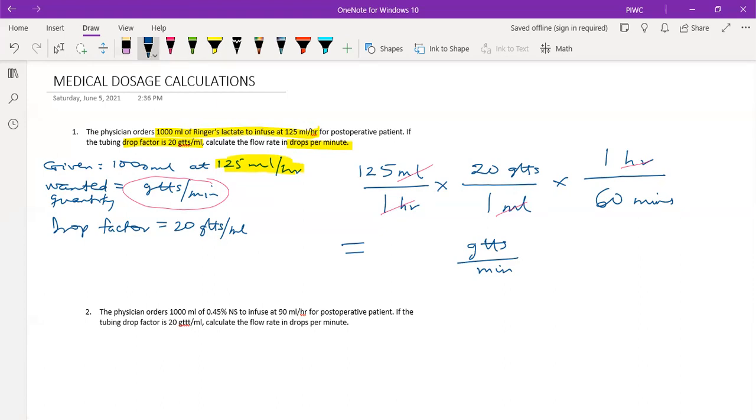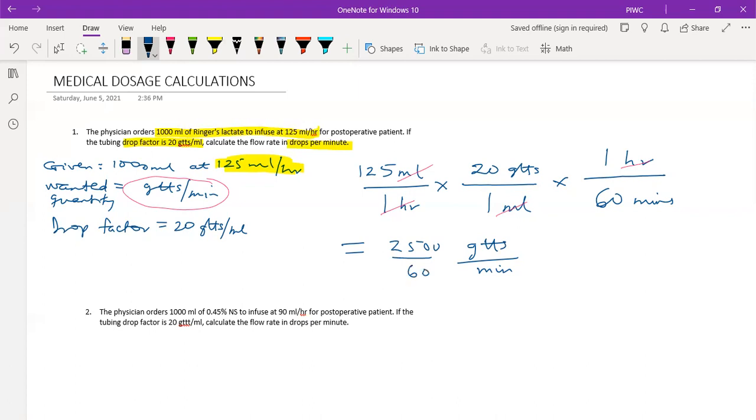So we have 125 times 20, which is 2500, and then divide by 60. Okay.